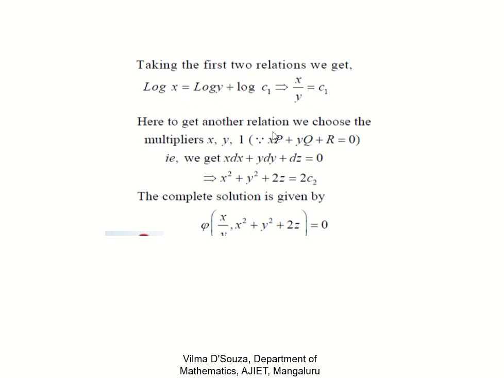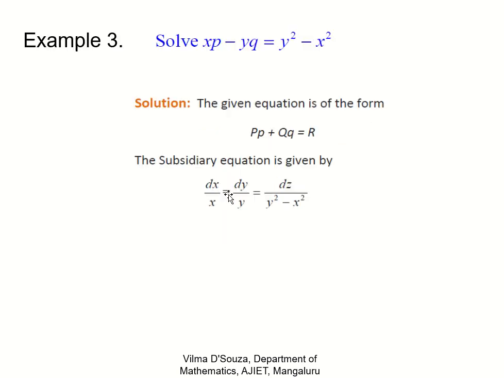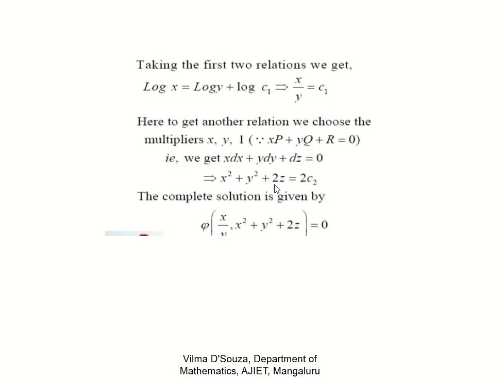Now to get another relation, we choose the multipliers. You can observe here you have x, and here you have x square. Similarly you have y square and here y. So you can multiply this by y. So use the multipliers x, y and 1. See what you get.